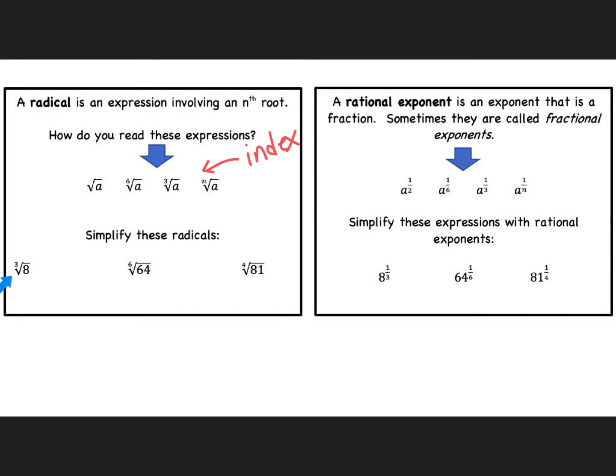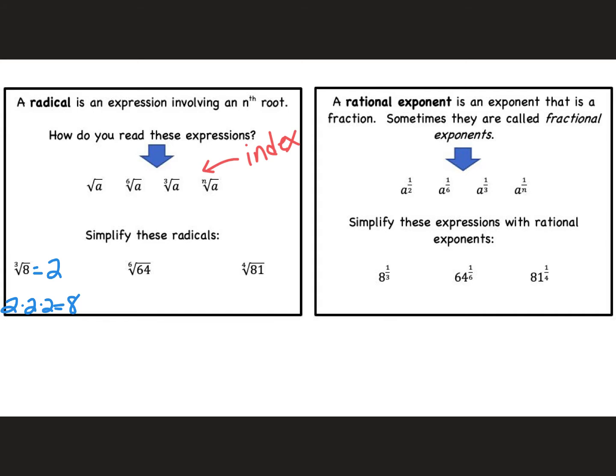Okay, so let's simplify the cube root of 8. What this means by definition is we're looking for something that when I multiply it by itself 3 times, I would get 8. And since 2 times 2 times 2 is equal to 8, the cube root of 8 is 2. The sixth root of 64. Well, again, I'm going to start with 2 because numbers get really big.